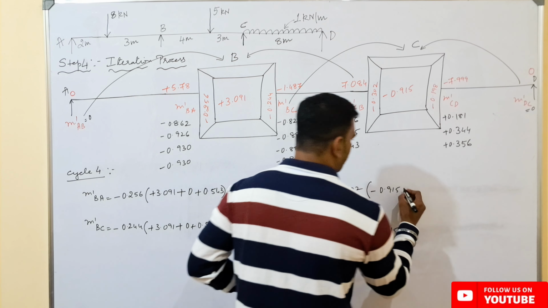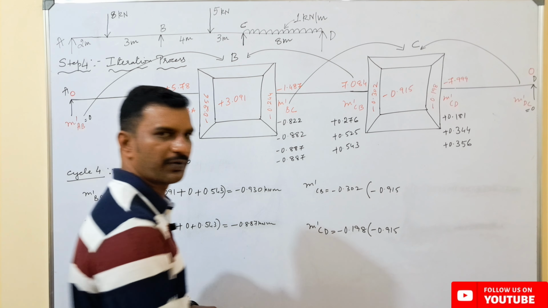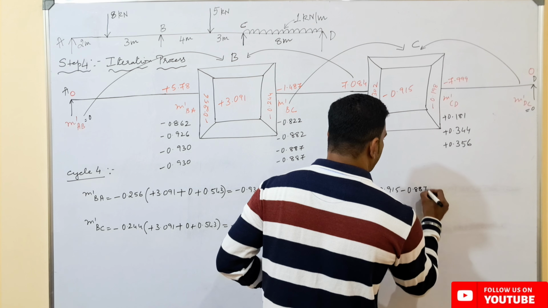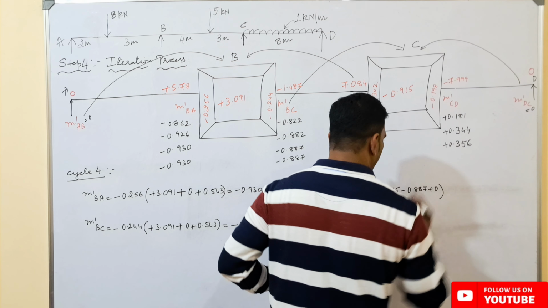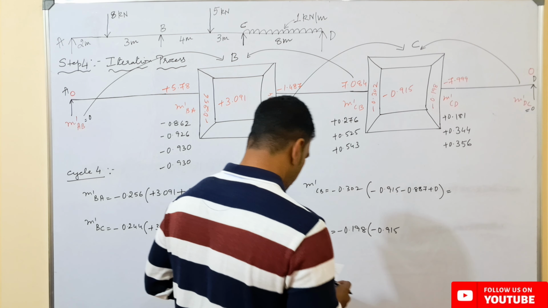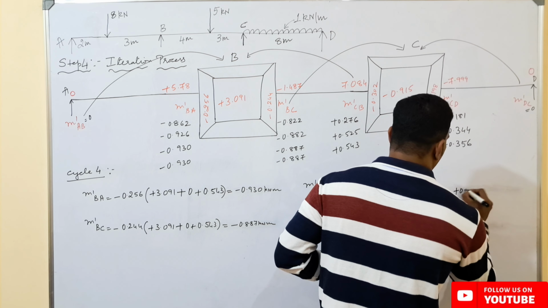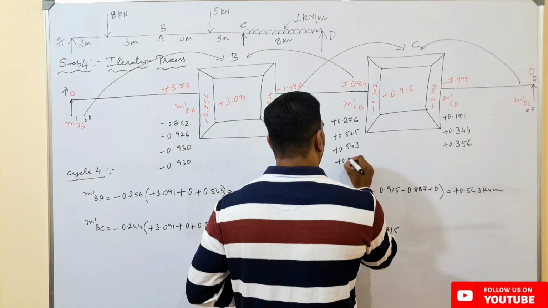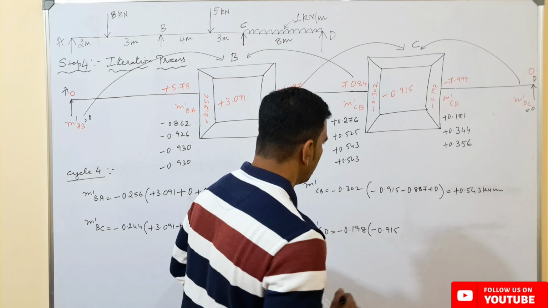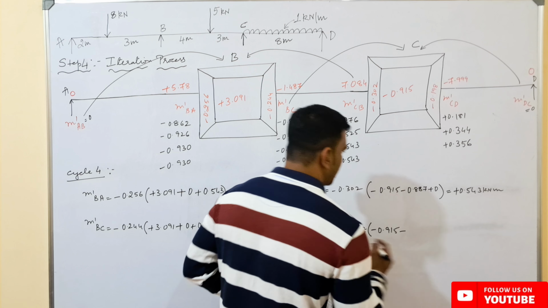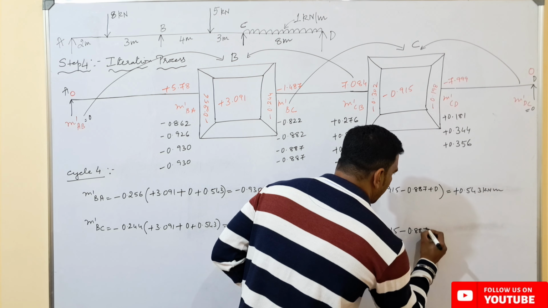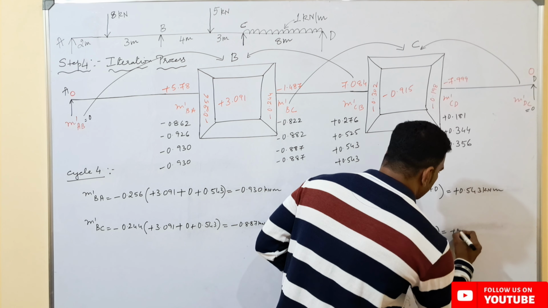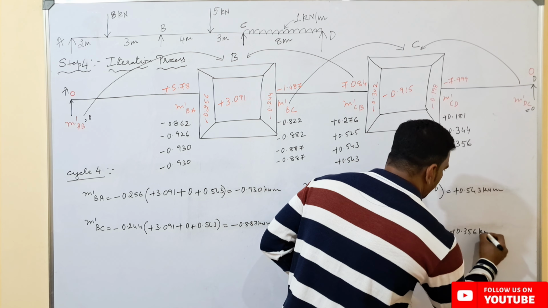And here a new iteration value, that is the summation of far end rotation contribution, here is how much? Minus 0.887 plus 0, this value here, so it will be equal to 0.543 kilonewton meter. So here it is 0.543. Similarly, for m dash CD it will be minus 0.887 plus 0, which will be equal to plus 0.356 kilonewton meter.